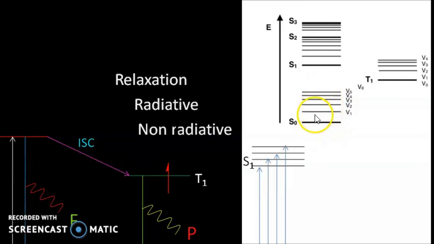Similarly, your singlet excited states 1, 2, 3 will have different vibrational energy levels, and even your triplet will have the same. We'll be drawing the energy levels in this pattern when we discuss the Jablonski diagram in detail. Now there is one more non-radiative relaxation, and that's why I have shown you this.